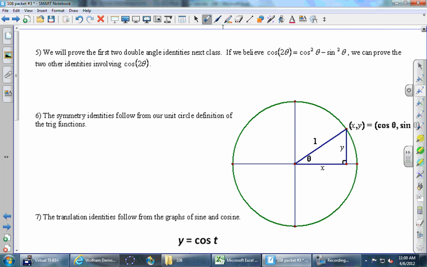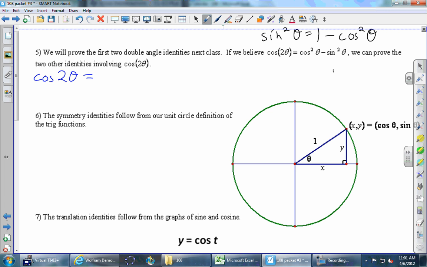Let's get another way to figure out what cosine 2 theta is. So I'm going to assume that it's cosine squared minus sine squared. But didn't we just a minute ago have something that told me what sine squared of theta was equal to? In the previous identity, what was sine squared? Was it 1 minus cosine squared? We used that just a minute ago.